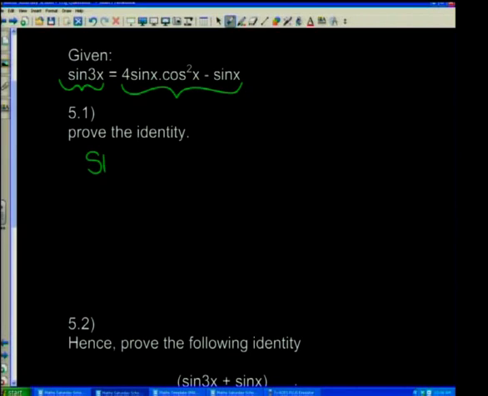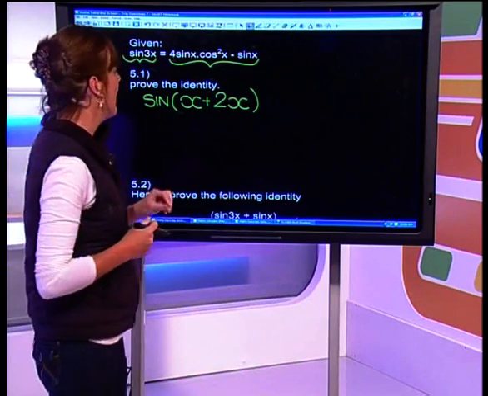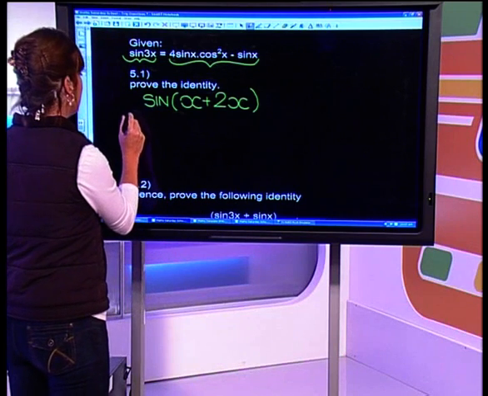So what have we got here? Sine 3x. Now does everyone agree we could expand 3x to x plus 2x? So what we've done is we've made a compound angle out of it, okay? So with that, we're going to have to use our compound angle formula. And for sine, it's going to look like this.